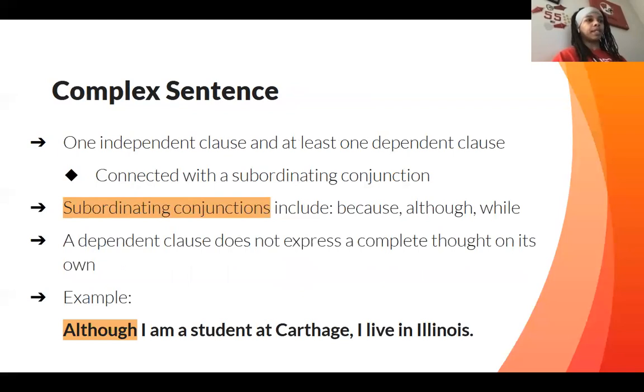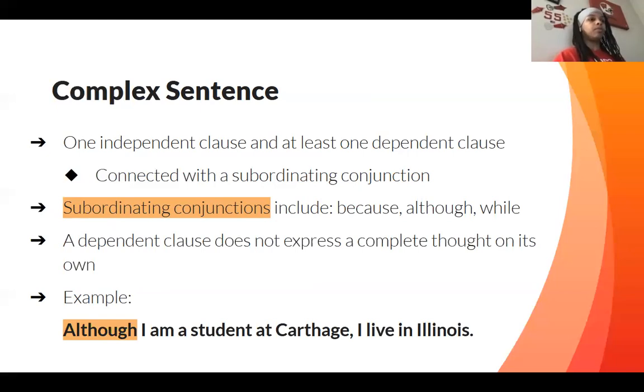The next type of sentence is a complex sentence. In a complex sentence, there's one independent clause and at least one dependent clause connected with a subordinating conjunction. A subordinating conjunction includes because, although, or words like while.